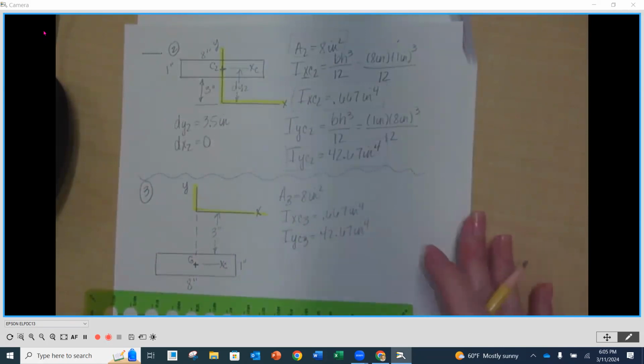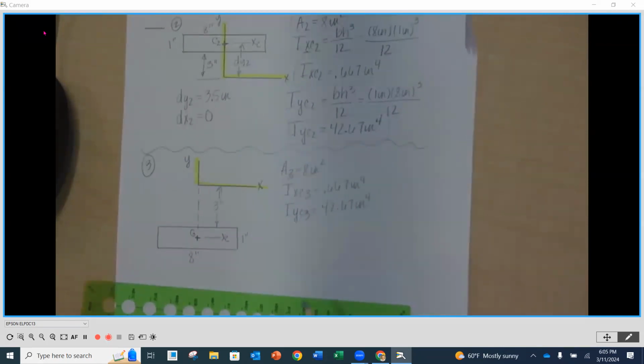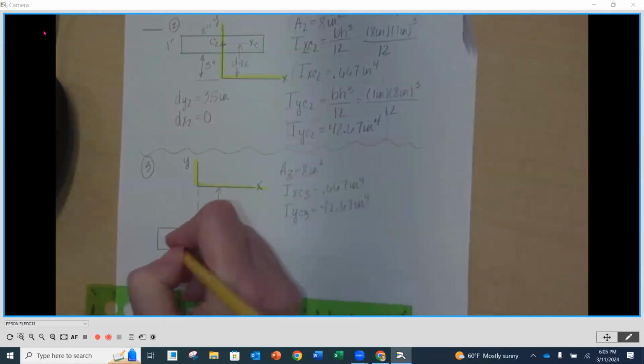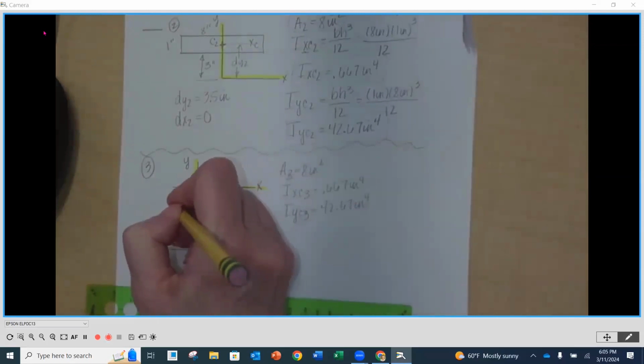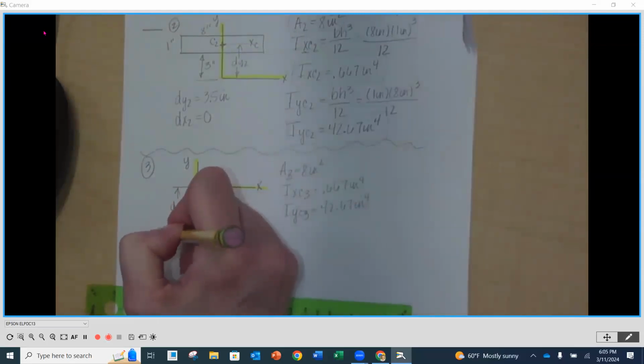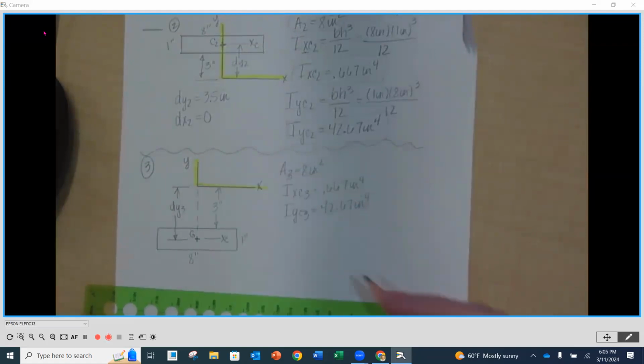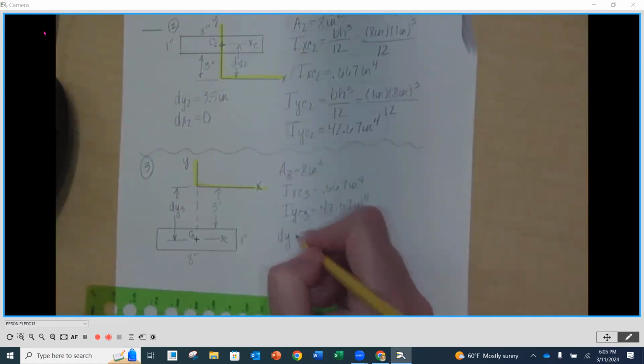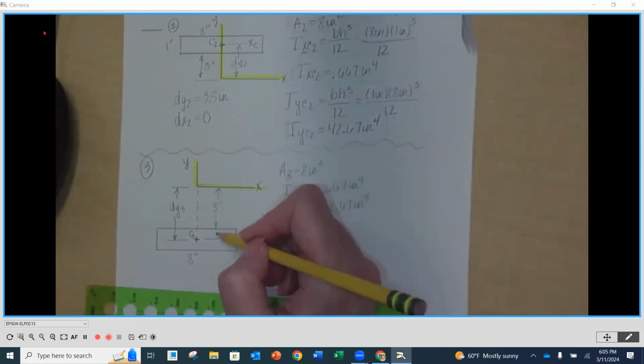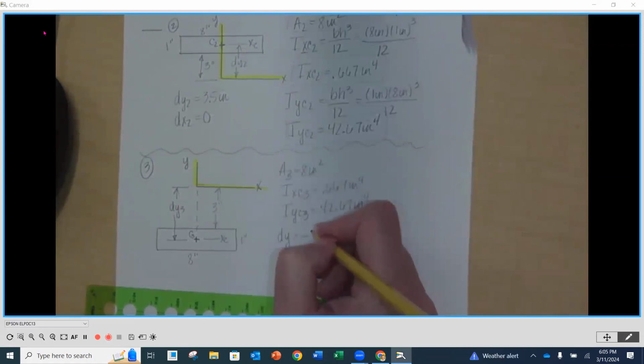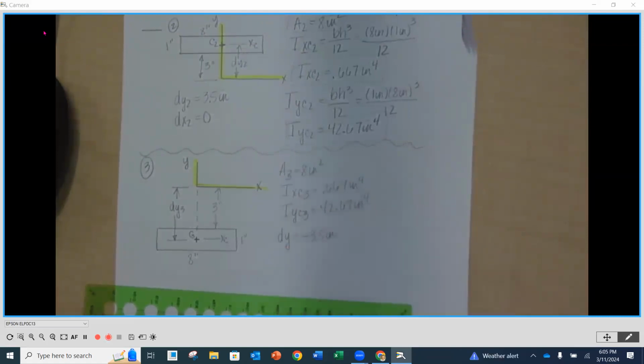Now, dx and dy for number 3. So the dy distance for 3 is going to be down to the center there. So my dy is going to be equal to 3.5, but it would be a negative 3.5 inches because it's going to be down below the x-axis.